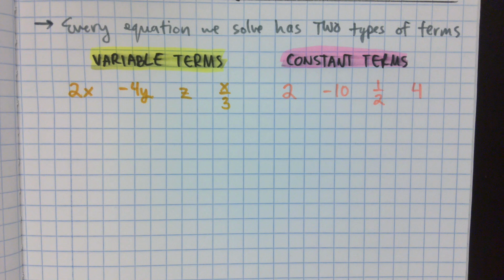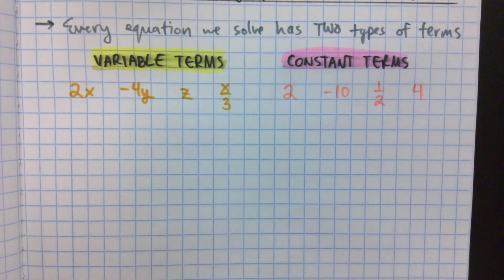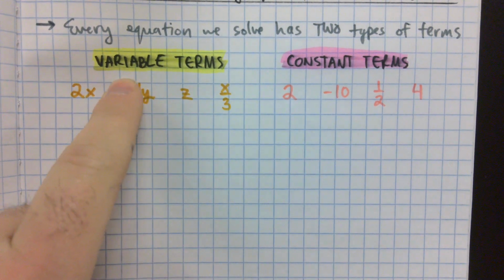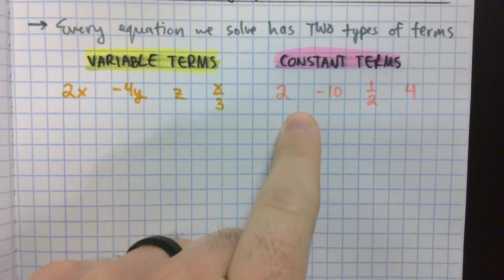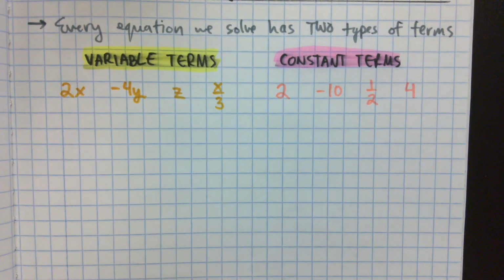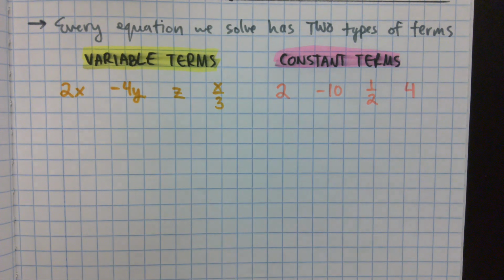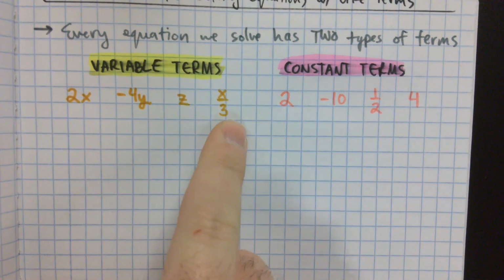Right? So what z is equal to depends on the equation. z could be equal to anything. Right? It's variable. It's changing. But 2, that's always going to be 2 no matter what. It's constant. So constant terms are just numbers. Variable terms are any term that contains a letter.